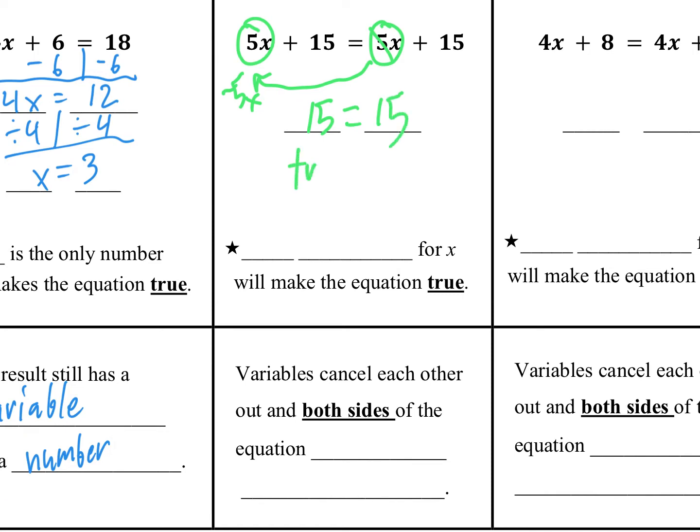Since this is a true statement, then any number for x will make the equation true. You can tell that you will have an infinite number of solutions because the variables cancel each other out and both sides of the equation look equal.